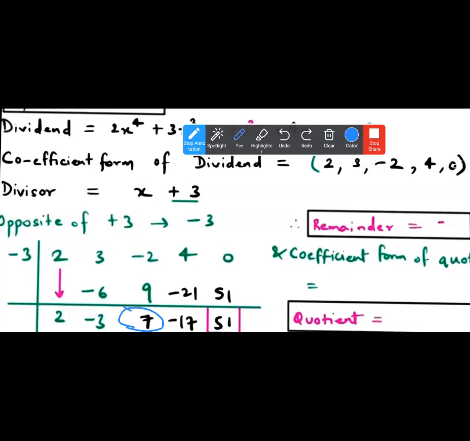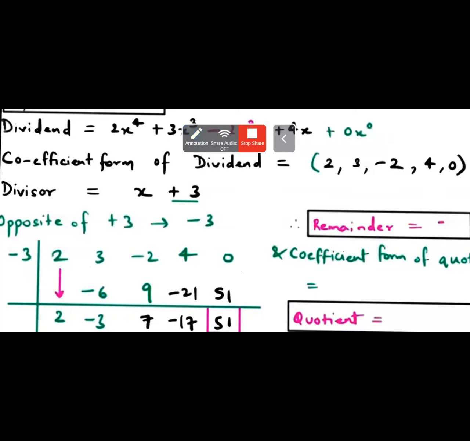Then this plus 7 multiplied by minus 3 is minus 21. 4 minus 21 is minus 17. And minus 17 multiplied by minus 3 is plus 51. Then 0 plus 51 is plus 51. So your remainder is 51, and the coefficient form of the quotient is 2, minus 3, 7, minus 17.